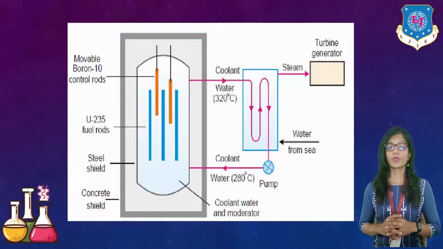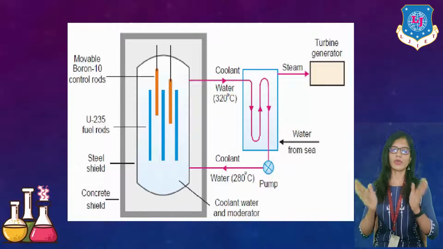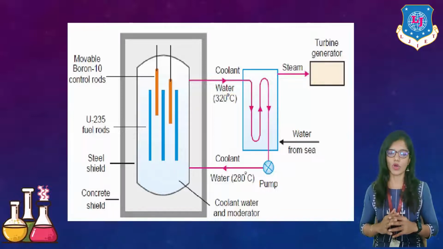It can be easily observed here that the first compartment is the concrete shield, in which you will have a steel shield. That steel shield will have uranium-235 fuel rods and movable boron-10 control rods, right?